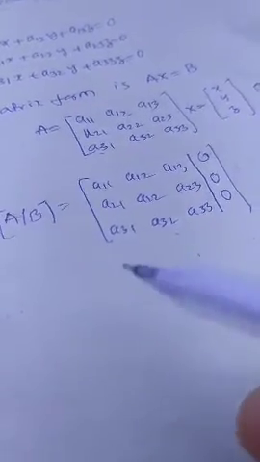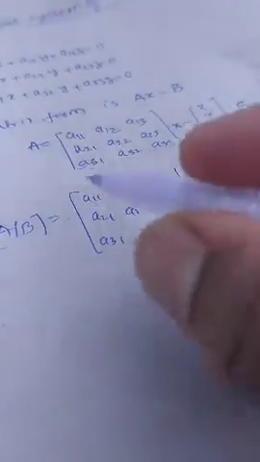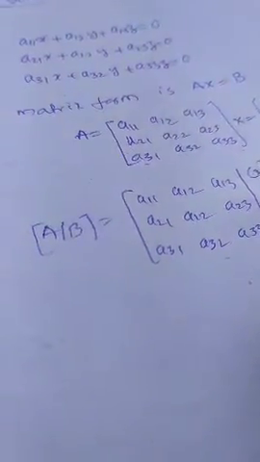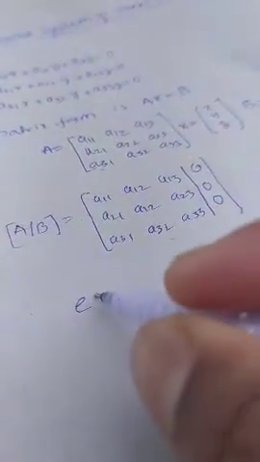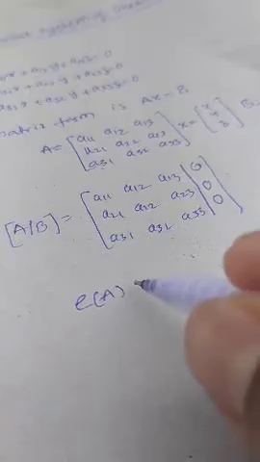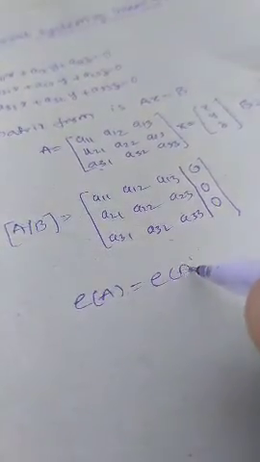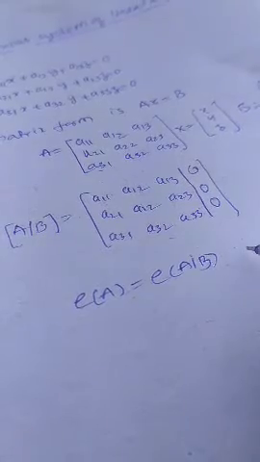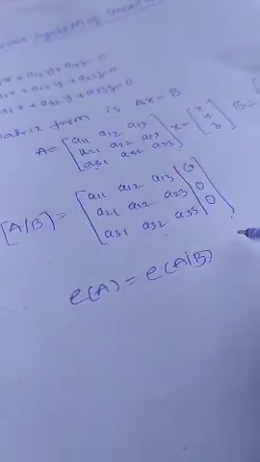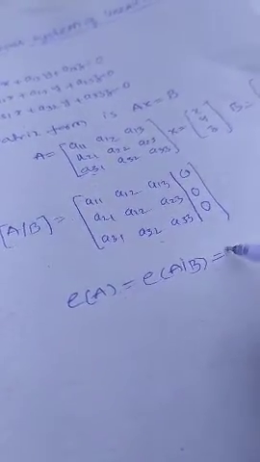So how to get the solutions of the system of equations? By reducing the augmented matrix into row echelon form, then finding the rank of A and rank of AB. If rank of A and rank of AB are equal, then the system is consistent. And if it is equal to n, then the system has a unique solution.